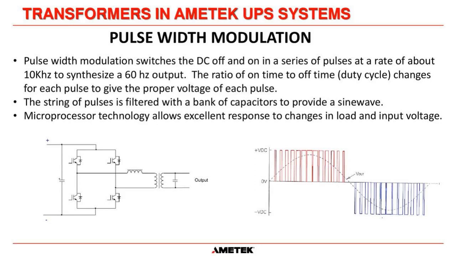The one nice thing about this is that the microprocessors we've got today allow us to look at output waveforms and sample them really fast, and the output of the system is very fast to respond to changes in load and output and input voltage.